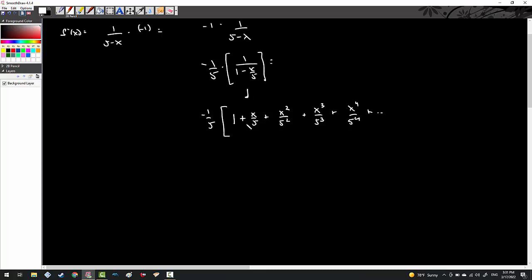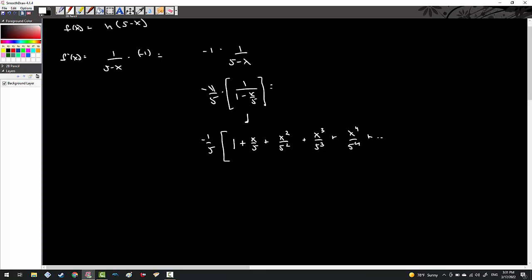Now from here, I integrate this back in, because I'm trying to get to ln. If I integrate this, I get x plus x squared over 2 times 5, plus x cubed over 3 times 5 squared, plus x to the 4th over 4 times 5 cubed, and so on. So I'm going to create a sequence generator for this.